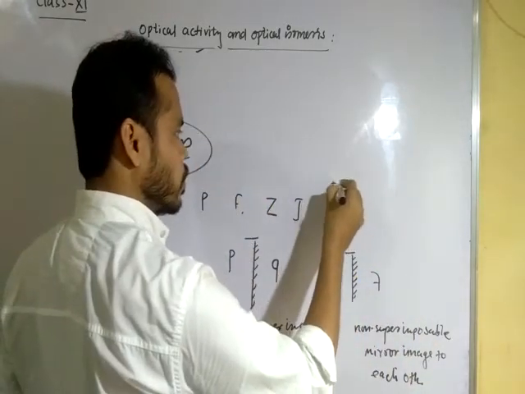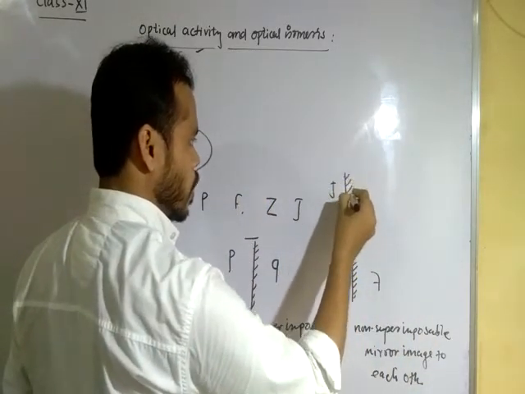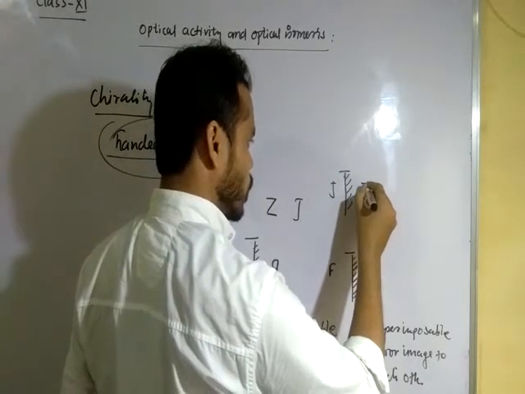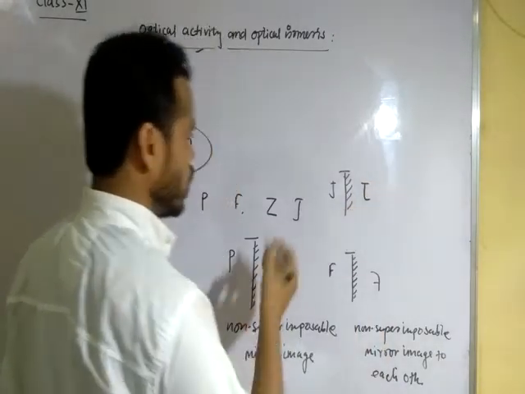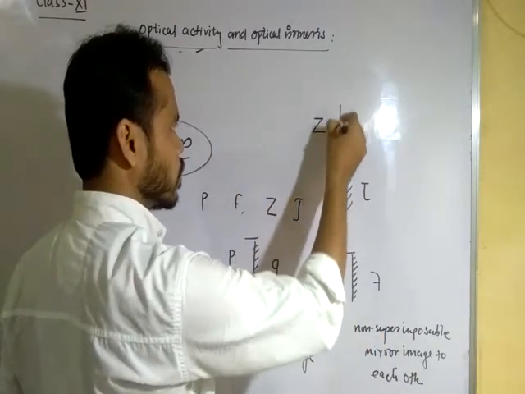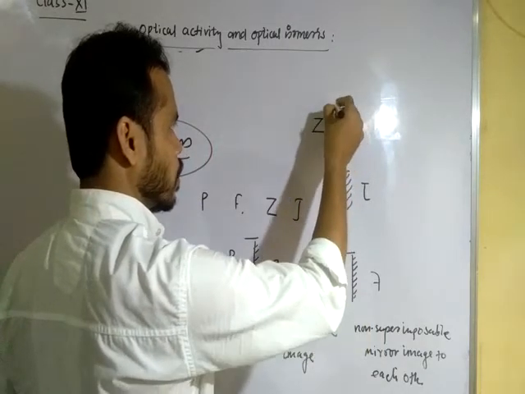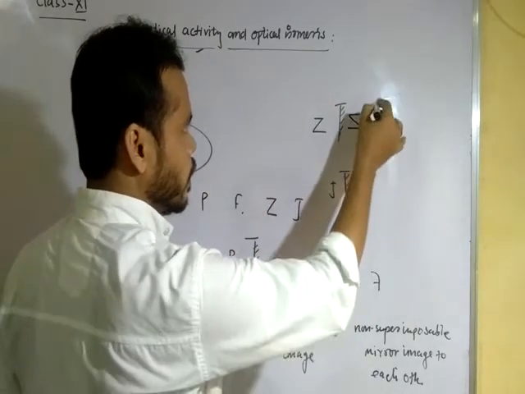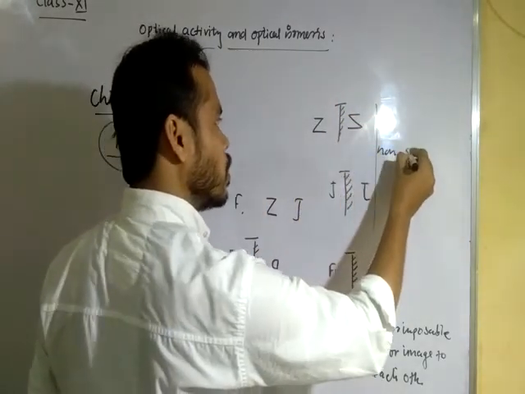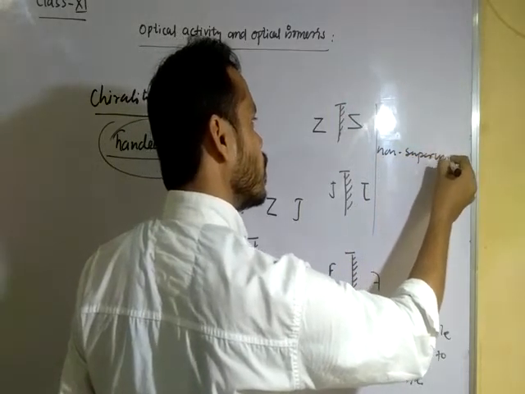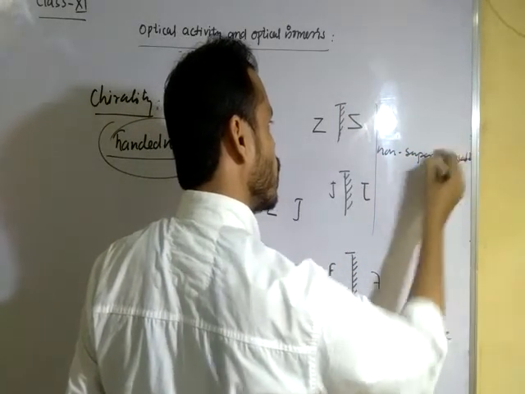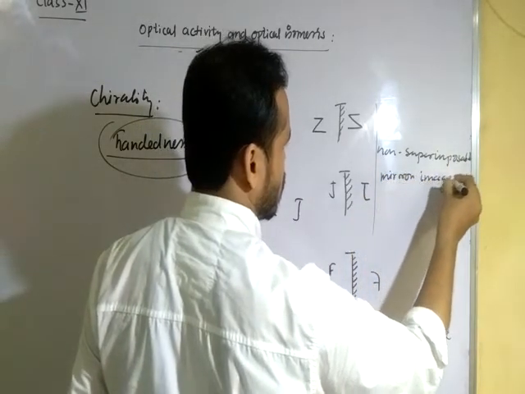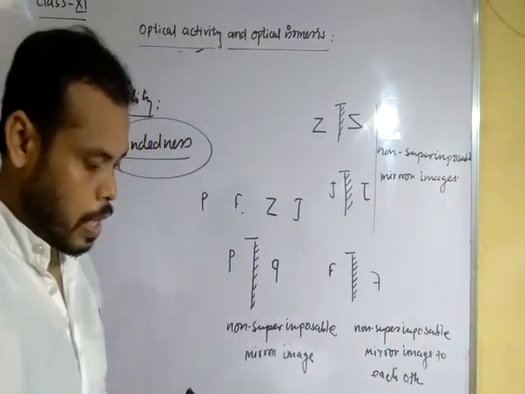Also J, when a mirror is put in front of J, it will also form like this. For Z it will form like this. So these are non-superimposable mirror images.